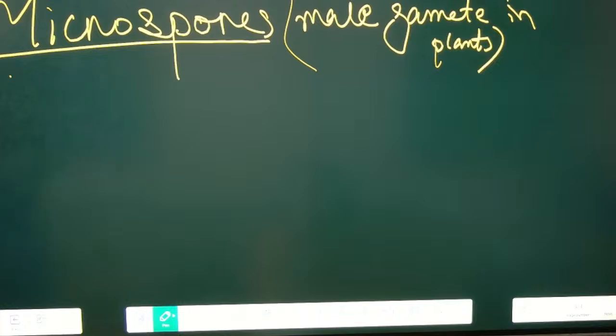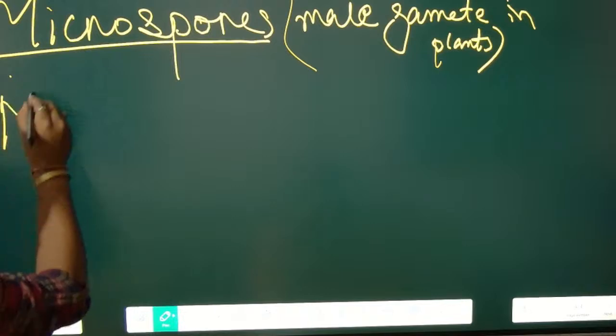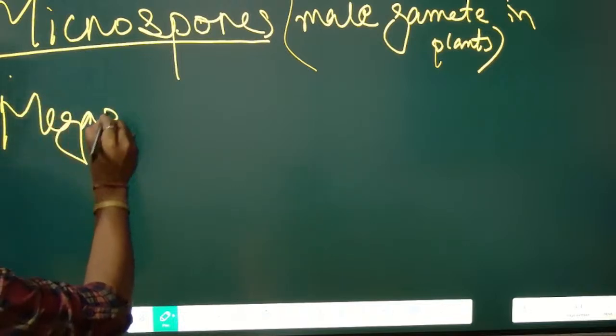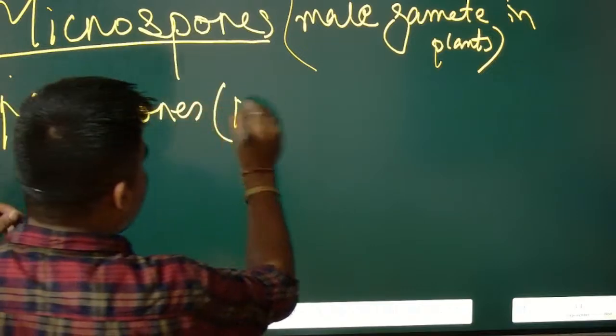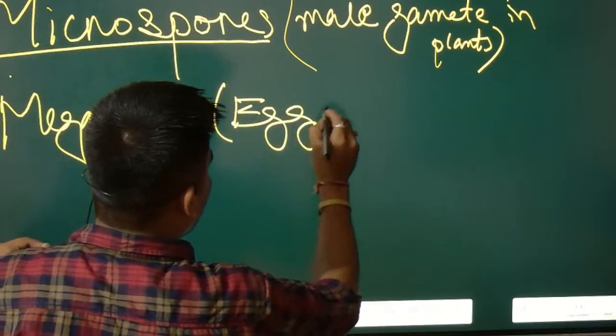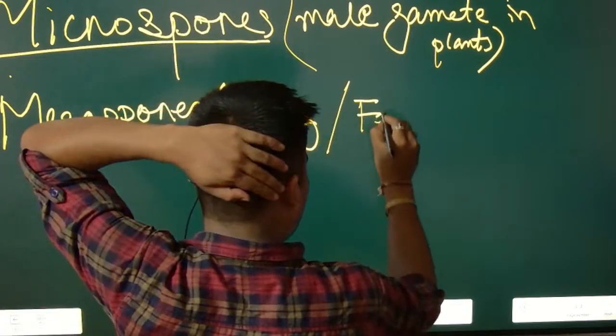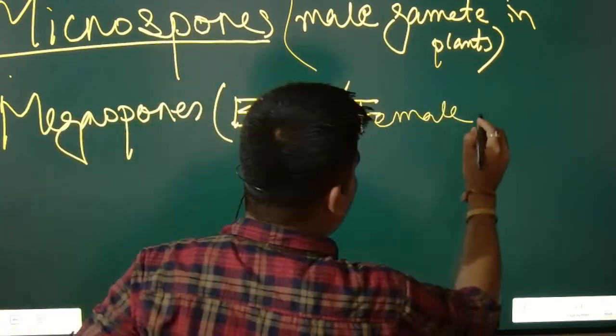Microspore means male gamete, as it is very small compared to the female gamete. Female gametes are called megaspores, or egg.